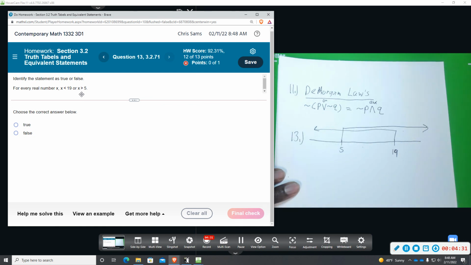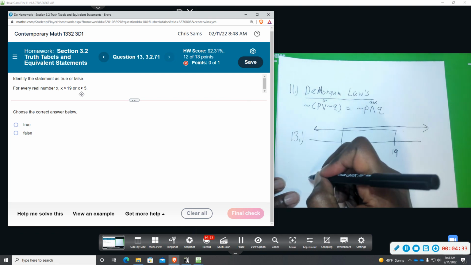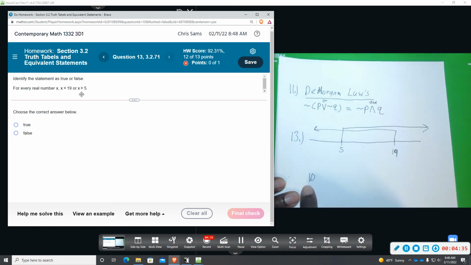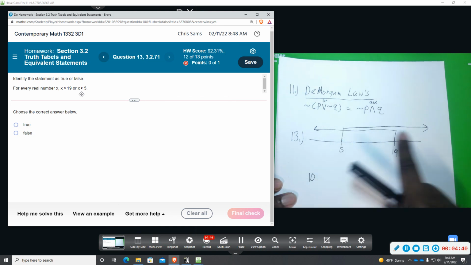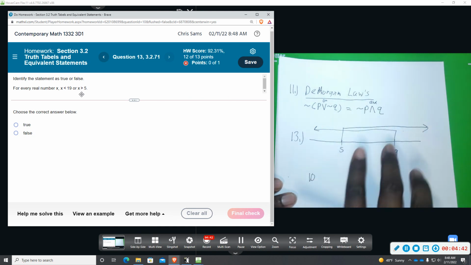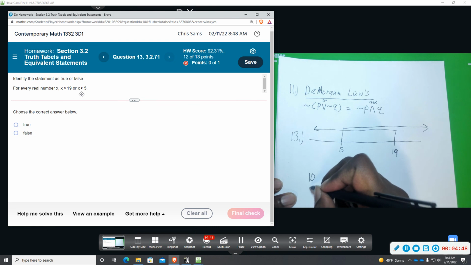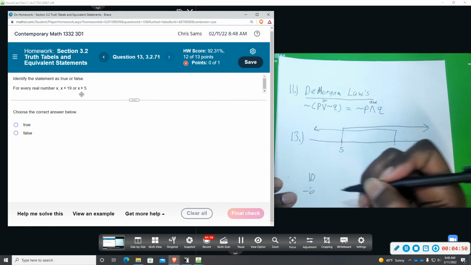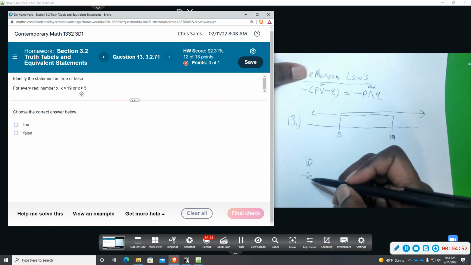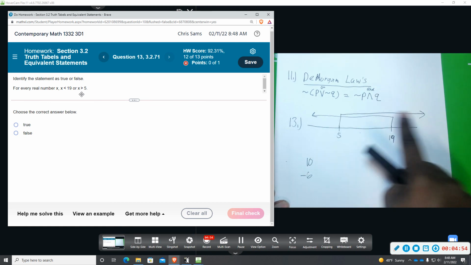So any number you pick. So if I picked 10, for example, 10, according to the rule, is greater than 5 and less than 19. It's going to meet both scenarios. Okay, let's pick a number outside the scope. So what if I picked, for example, negative 6? Okay, negative 6 would not be greater than 5.